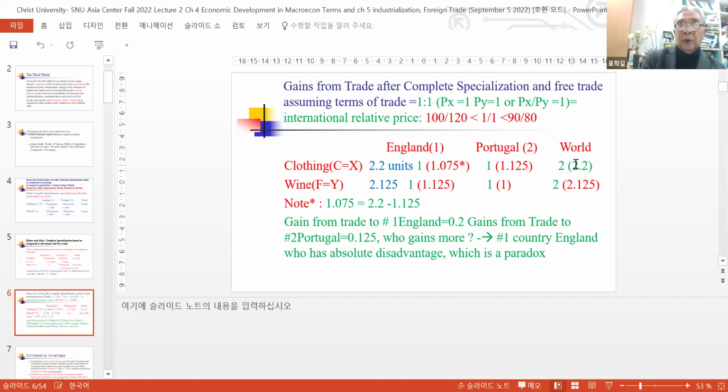So together, England's clothing 1.075 and Portugal's clothing 1.125 make 2.2 units of clothing. Wine: 1.125 plus 1, 2.125. So these red numbers are the after-trade matrix. These green numbers are the before-trade matrix.